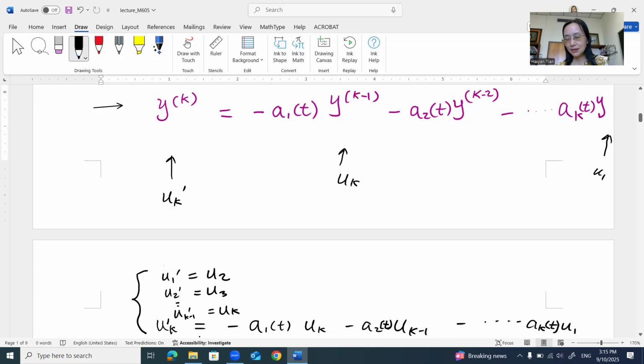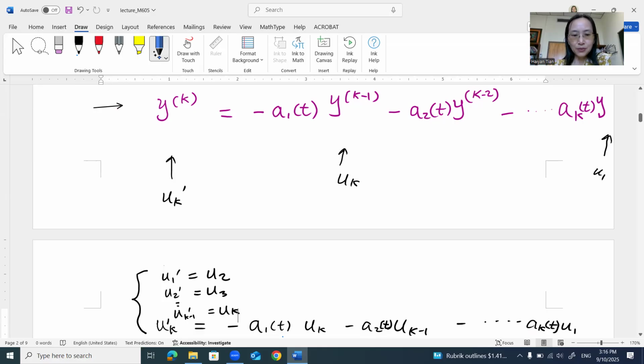But it is not autonomous. Why is it not autonomous? Because the coefficients are functions of t. The t variable explicitly appears in the vector field.